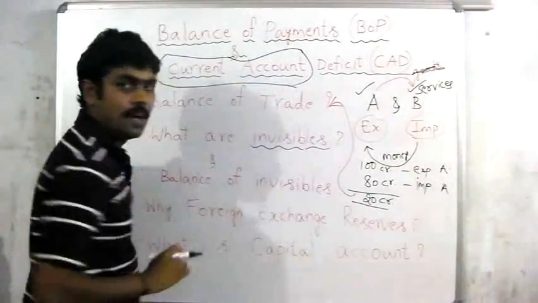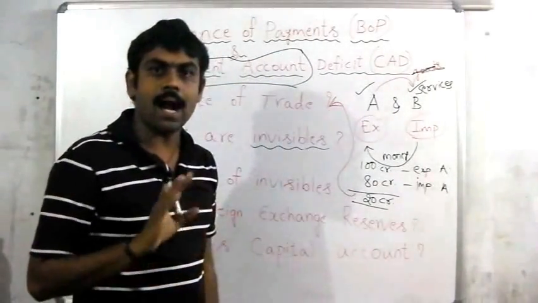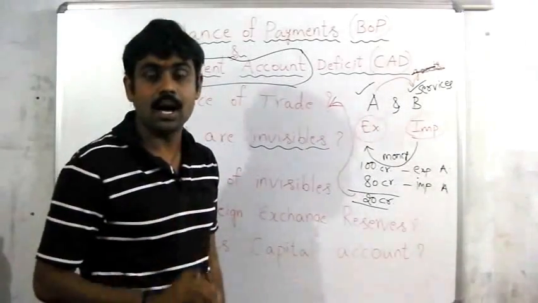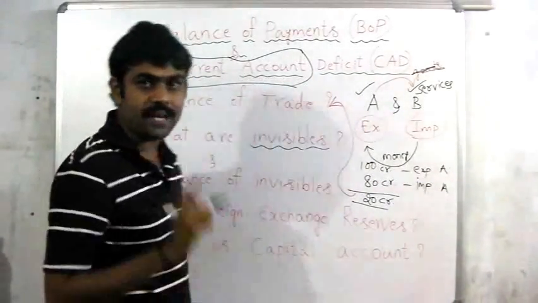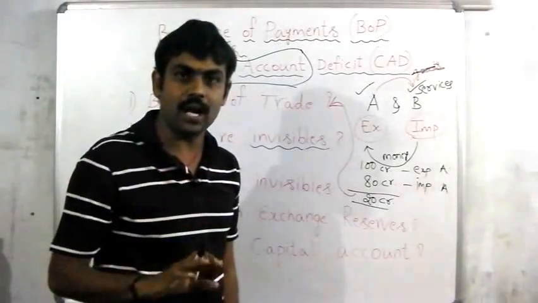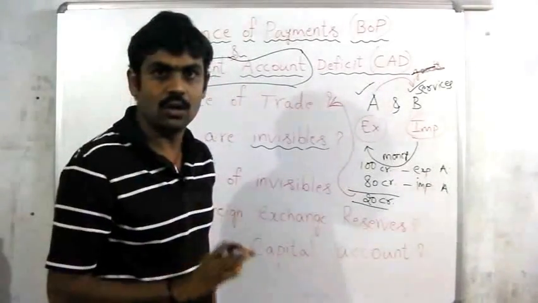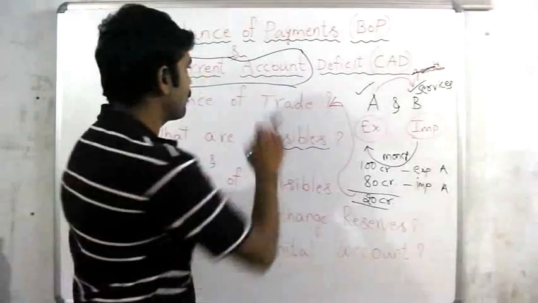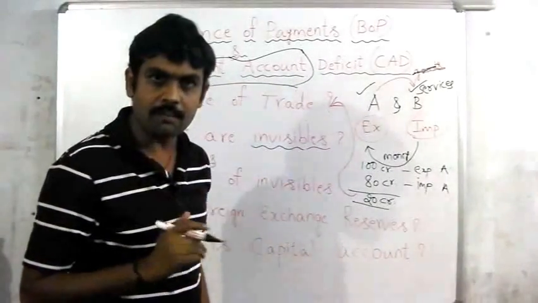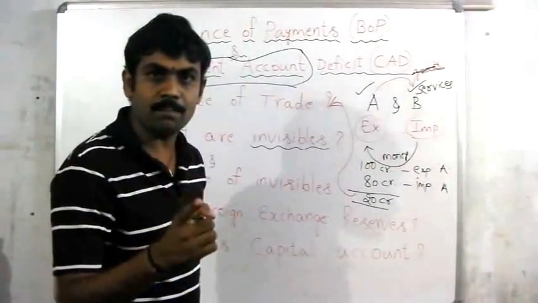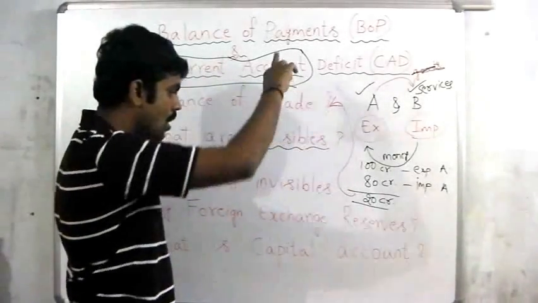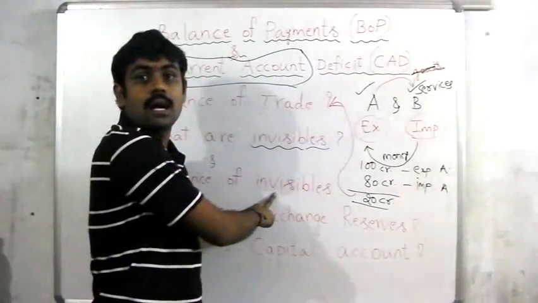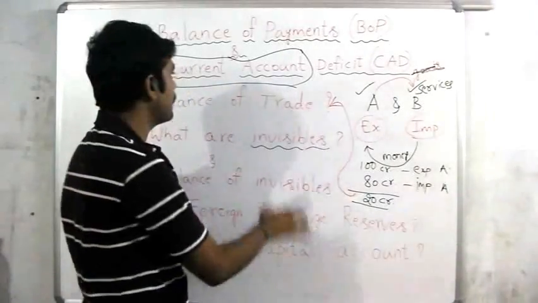That means balance of trade and balance of invisibles are going to form the current account of a country, either India or any country. So what is the meaning of current account? Nothing but trade balance of goods as well as trade balance of services, which are called invisibles.